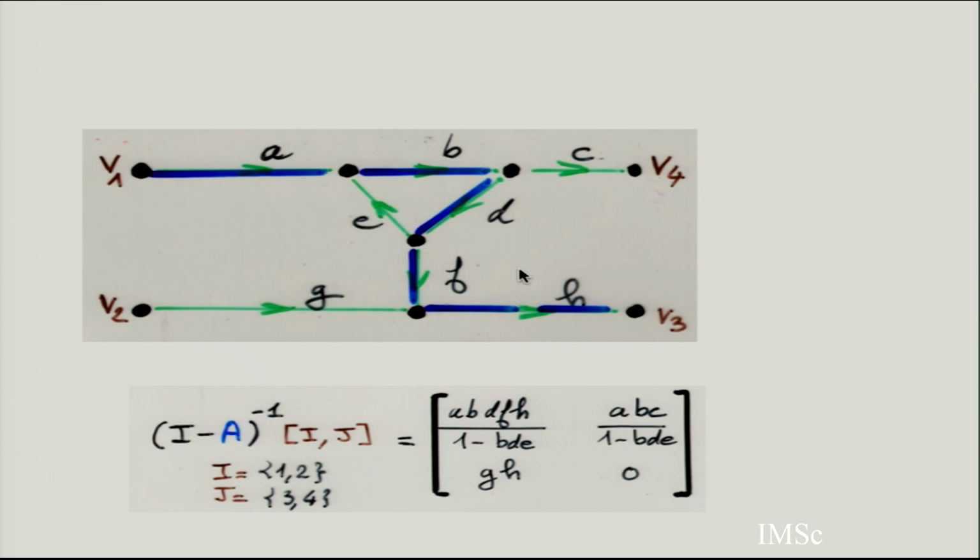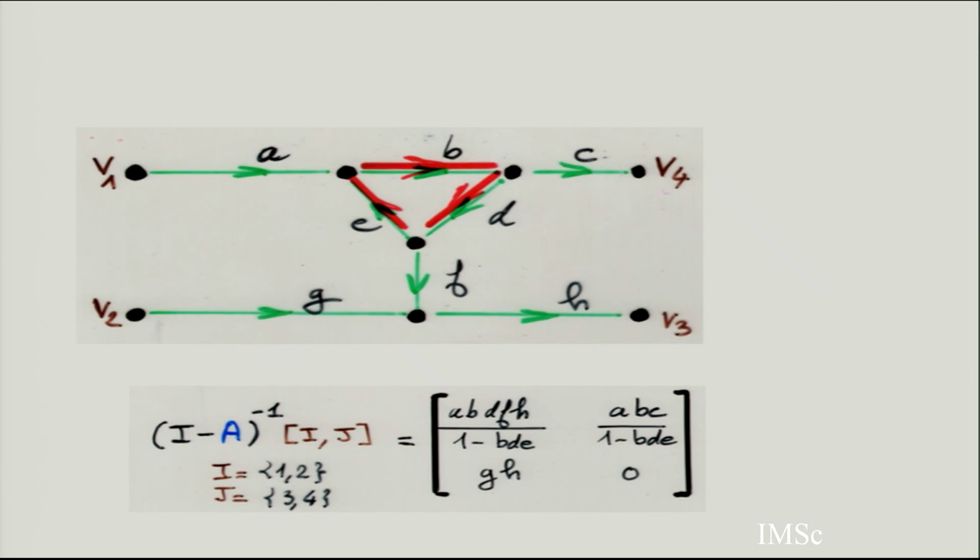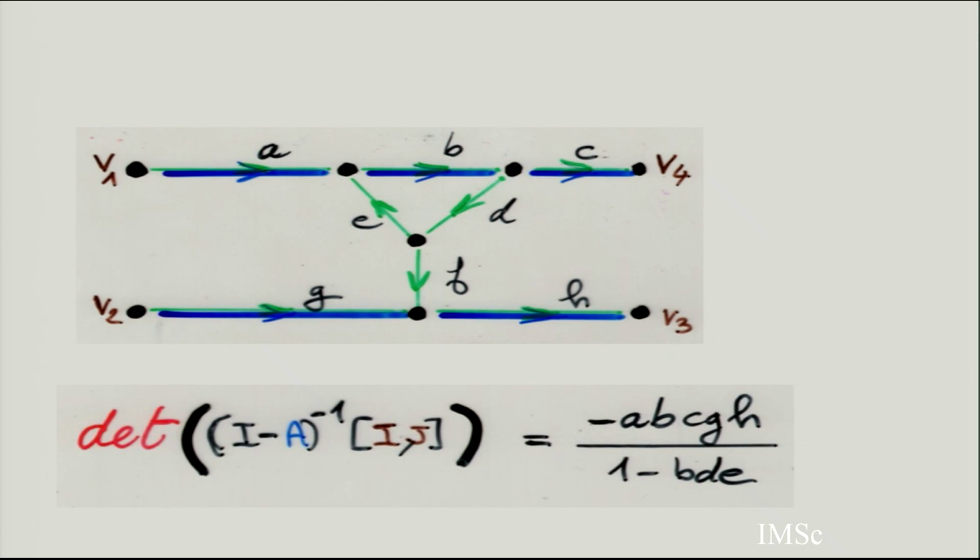If you have a path going from 1 to 3, then it's impossible to go from 2 to 4. So the only configuration of blue paths is this one.